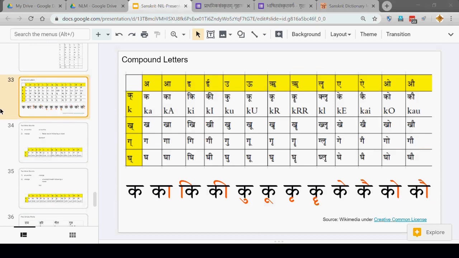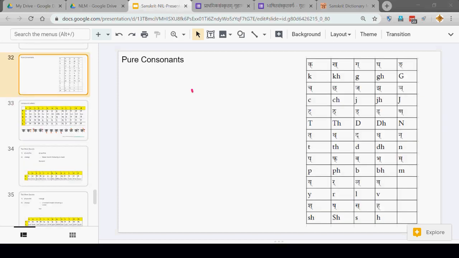So we looked at the short ru sound, and what about the long ru sound? That is crew here. Same thing, base symbol.